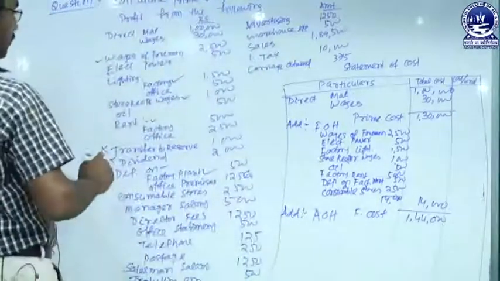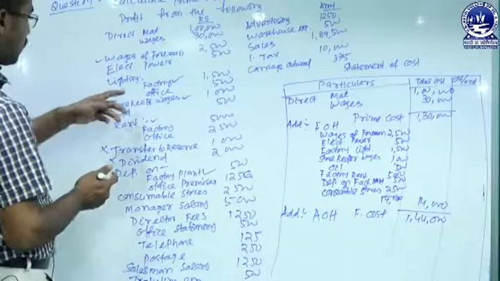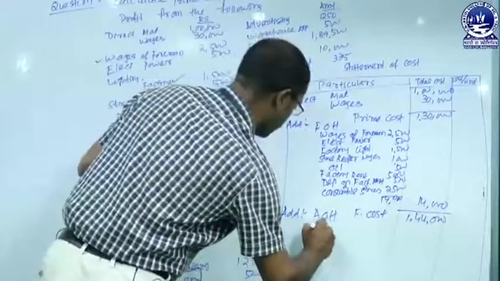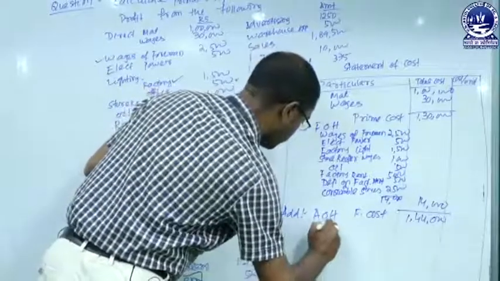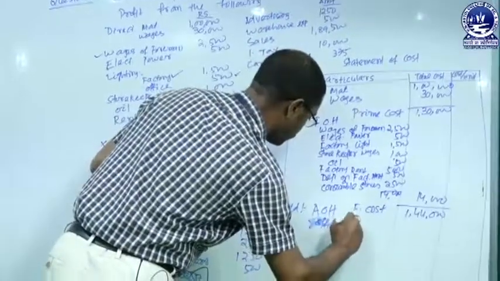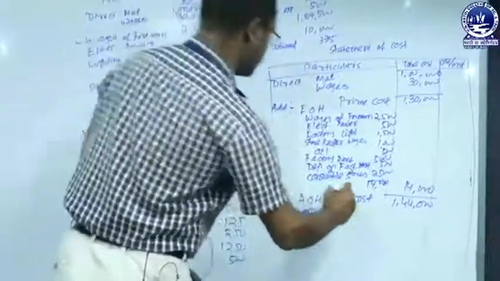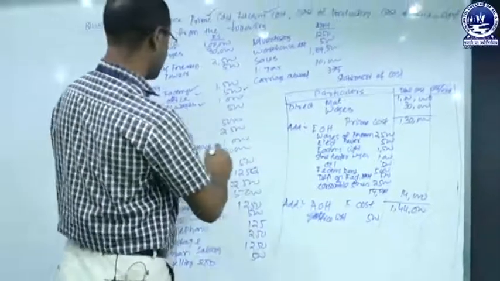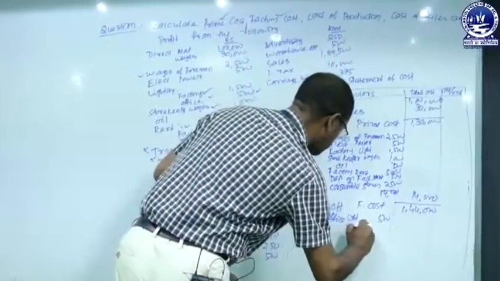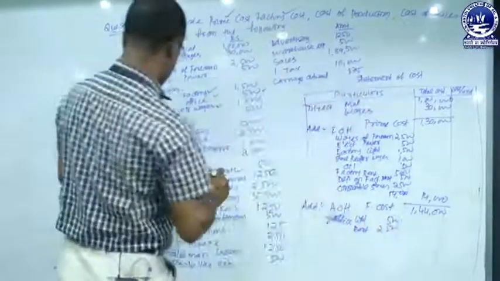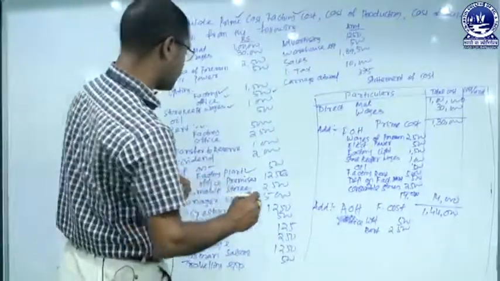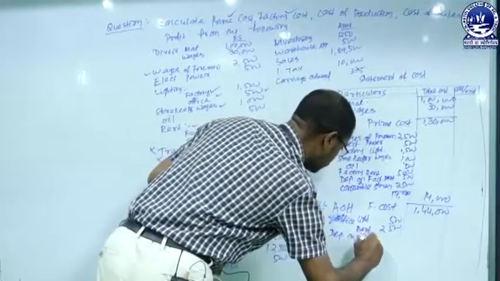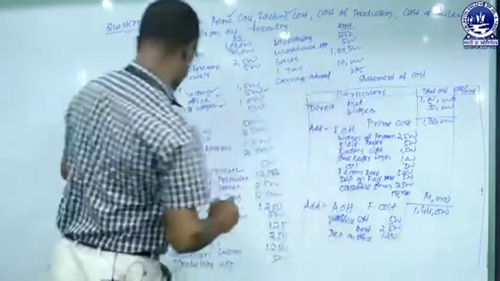The amount of office overhead, taking into consideration one item, that is office lighting. Office light, the amount is 500. Next one is office rent, that is 2,500. Next one is depreciation on office premises, 1,250.